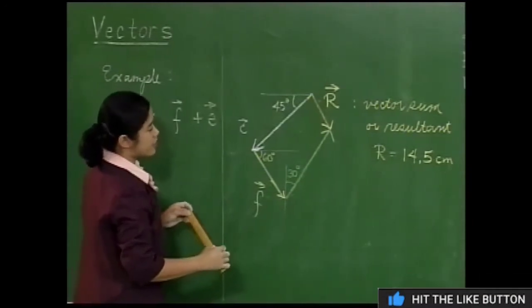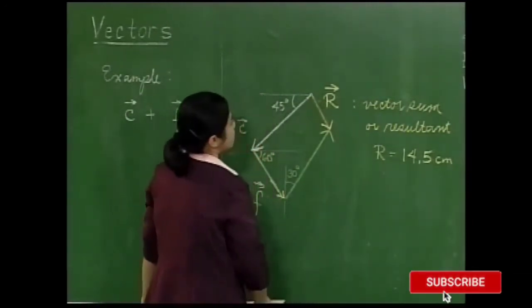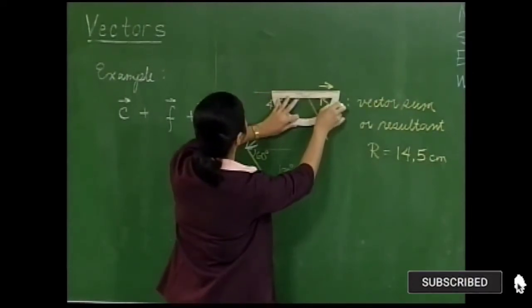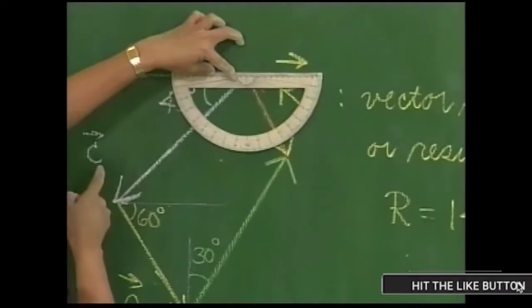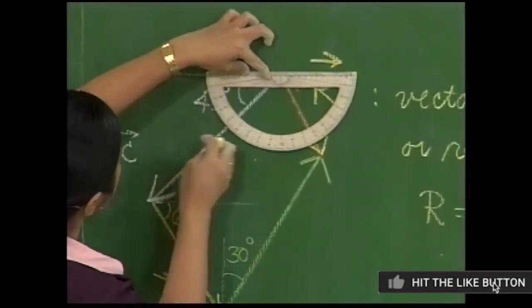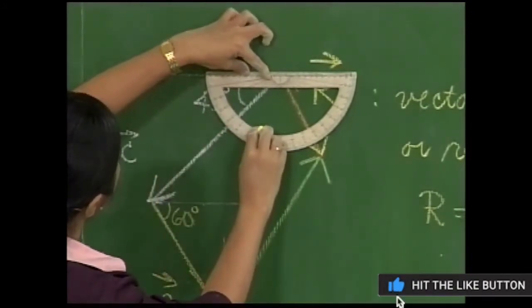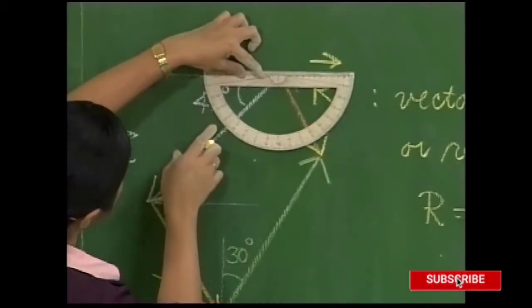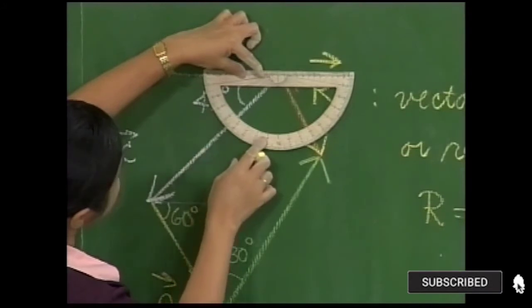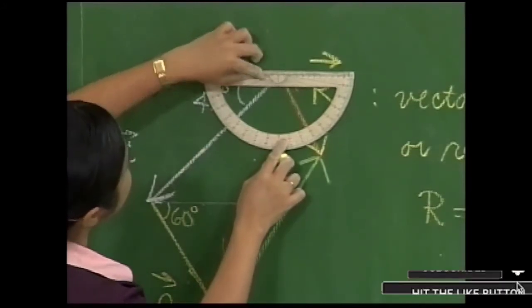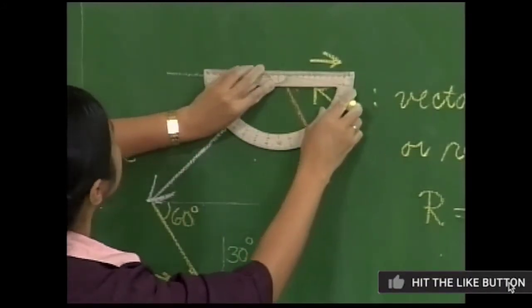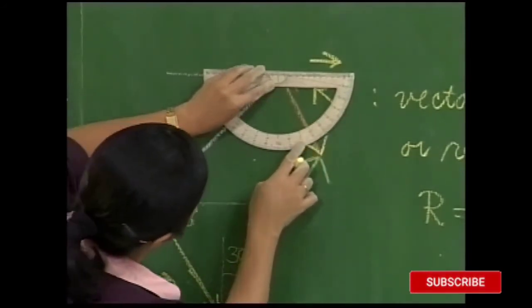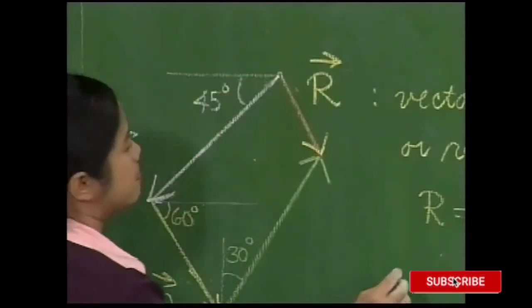And the direction, we measure the angle from the horizontal. I can use this as my reference. So 10, 20, 30, 40, 50, 60, around 62 degrees.